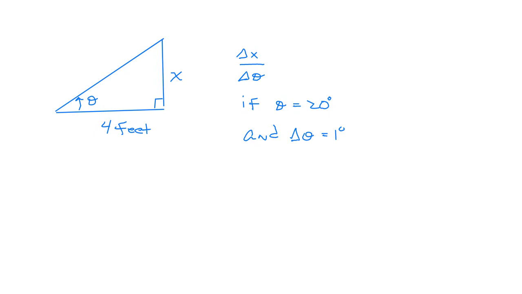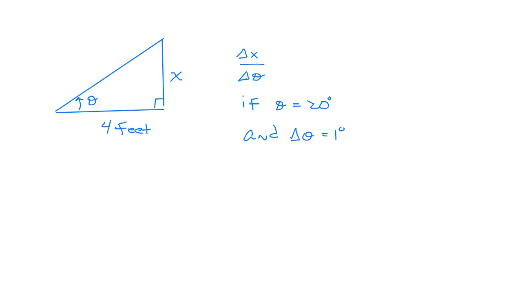So this means the change in x over the change in theta. You know what we mean by change, right? The problem is we can't figure this out unless there's some formula that links x and theta together. There's got to be some kind of an equation where if I know theta is 20 degrees, then I can figure out what x is supposed to be.